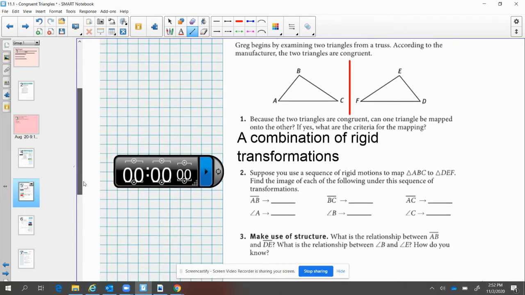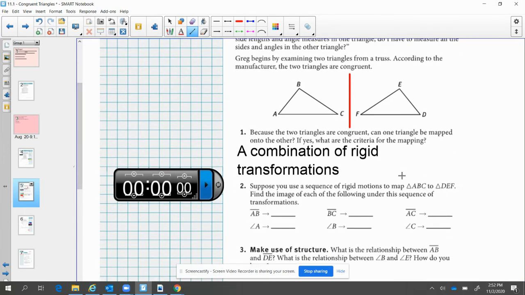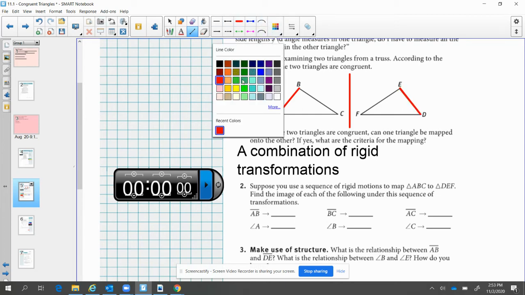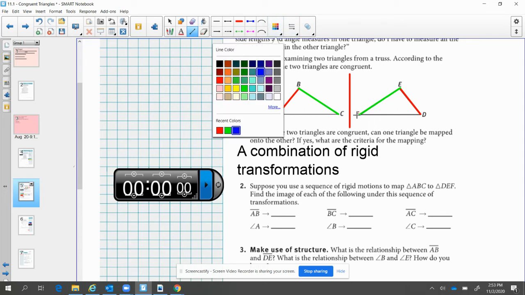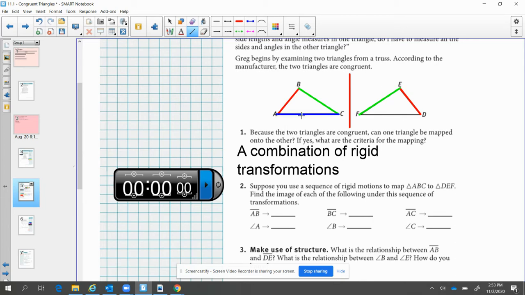So what we notice here is in the picture here, ABC to DEF, we can line these up because segment AB is going to match up if we reflect here with segment DE. And we're going to have segment BC measuring up with EF, and segment CA measuring up with FD, for AC and DF, if you will, okay?